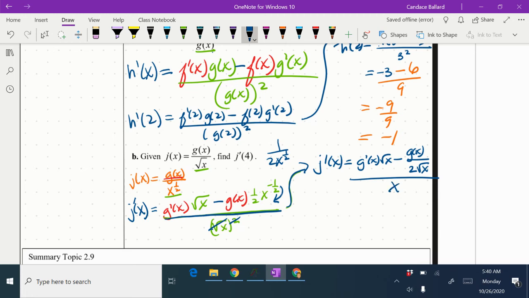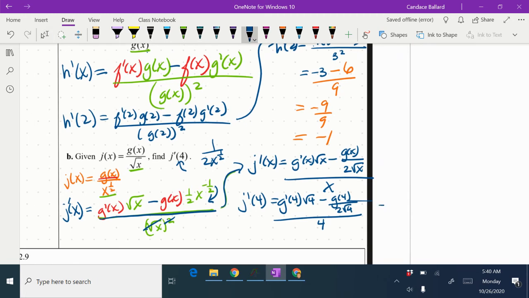Now let's plug that value in that they want. They want us to put in 4. So j prime of 4 equals g prime of 4 square root of 4 minus g of 4 over 2 square root of 4 all over 4. So now we're going to go into our table to help us finish this one.